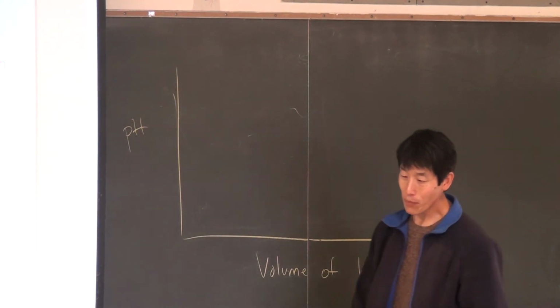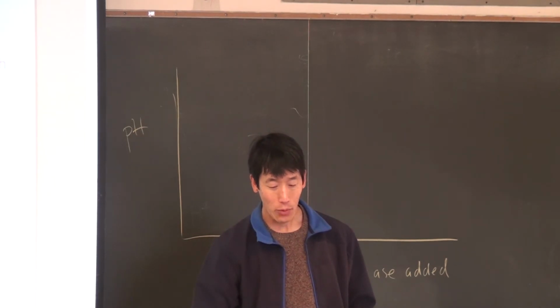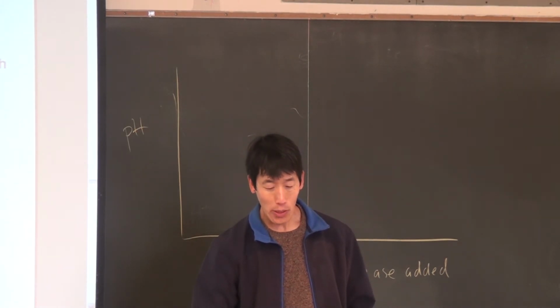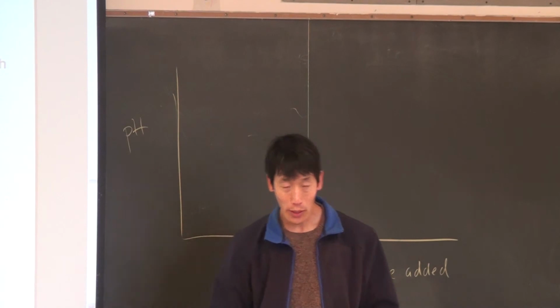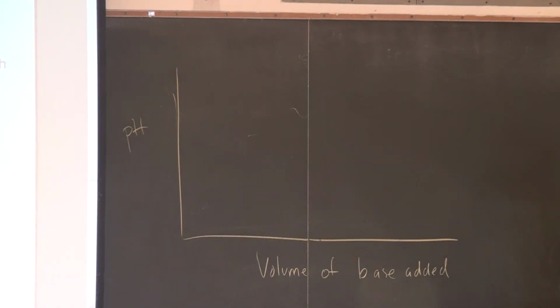Now in question 1, we showed for aspirin as a monoprotic acid, it showed 1 halfway point and 1 end point. For a triprotic acid, how many halfway points and how many end points will you observe? Okay, yes, you see 3.